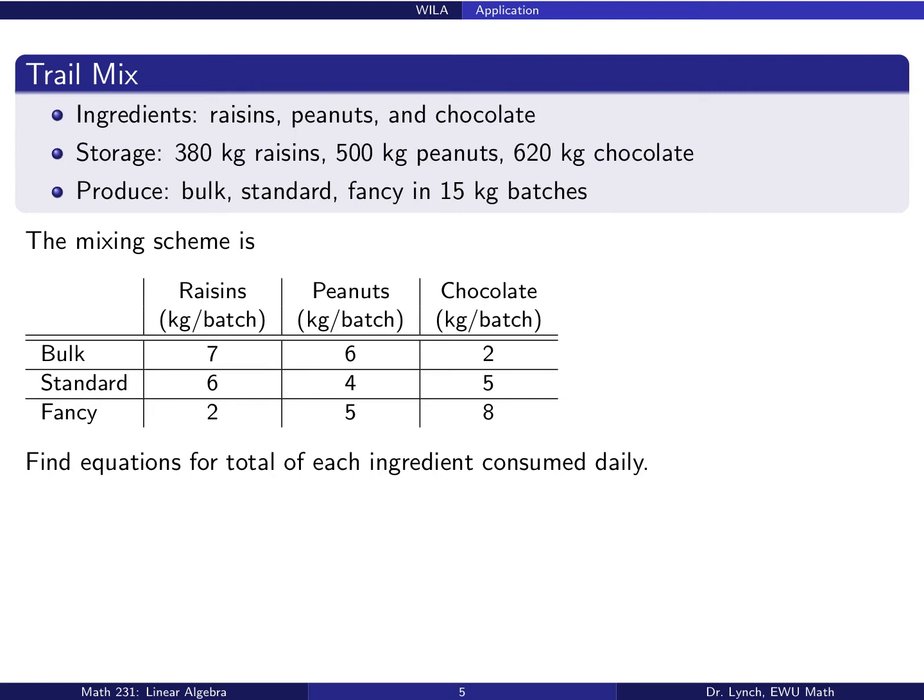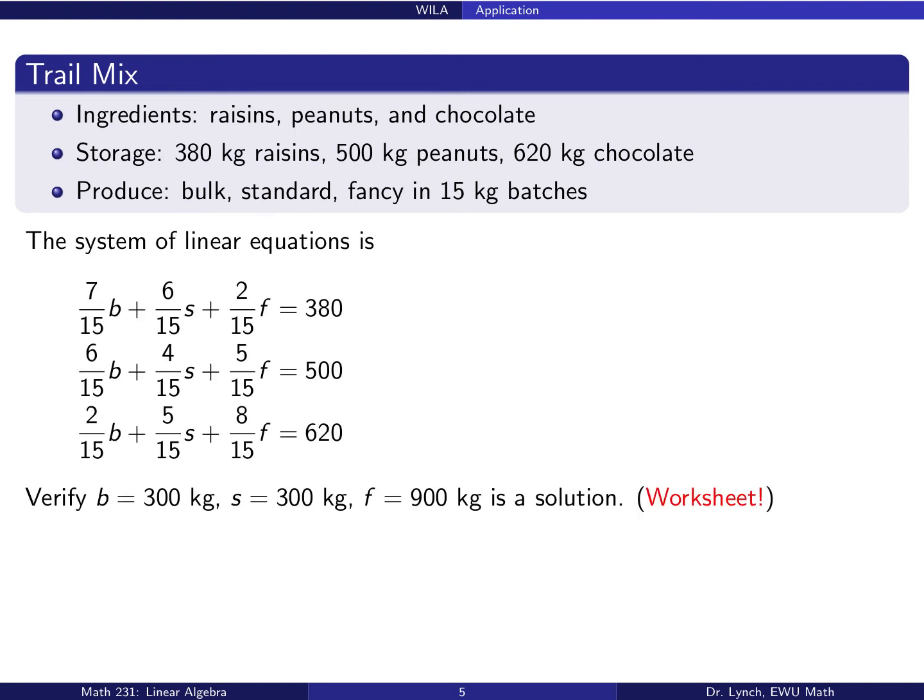Okay, so something we can do here is cook up some equations for 15 kilogram batches based on these ingredient ratios. In order to do that, we'll just go ahead and write a system of equations here. So here's the first equation. The first equation describes the total amount of raisins used.